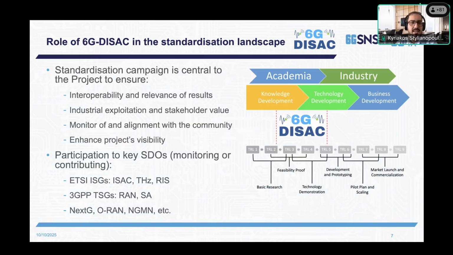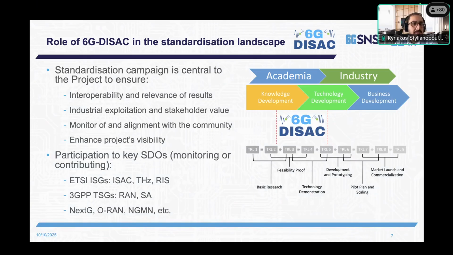Yes, the project is in a very nice position to transfer its results from academia to industry, being between TRL 2 and TRL 5, which means that we're starting to move our implementations from lab demonstrations to proper field trials.